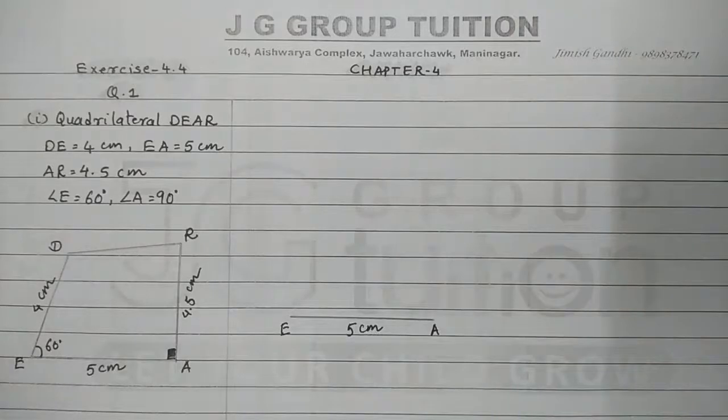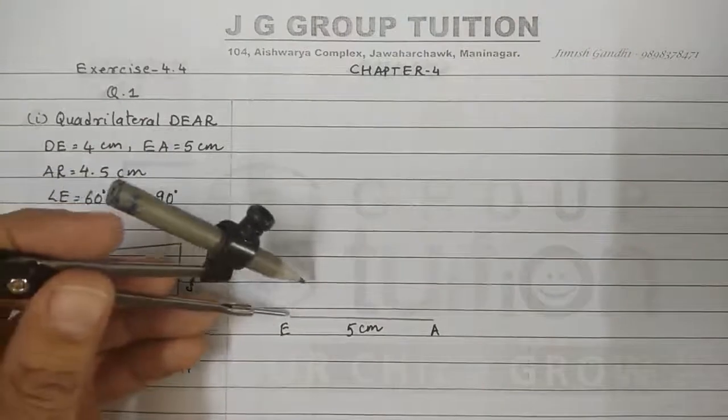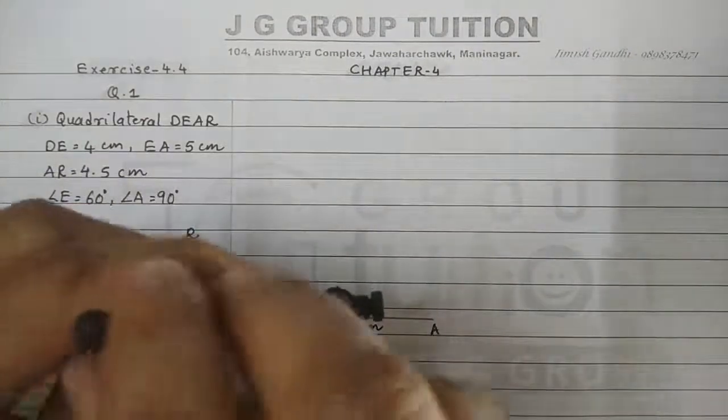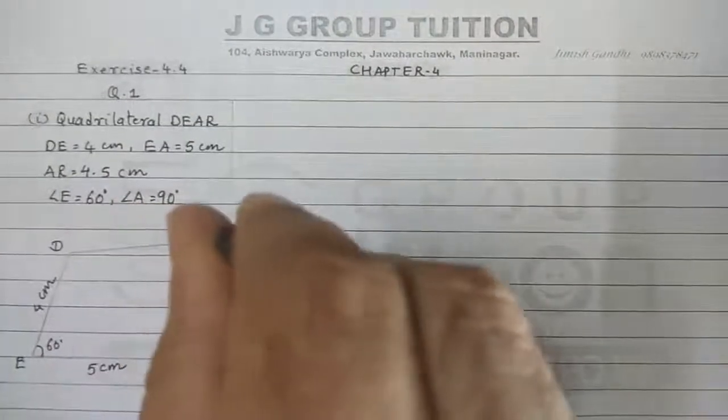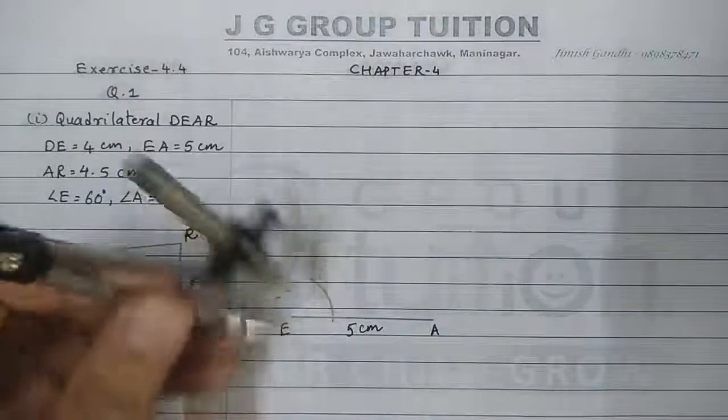As the angles are given, 60 and 90, both can be done with the help of the rounder. So let's take the rounder. For 60, let's take any arbitrary radius over here. From point E, we should draw an arc. This is an arc of any arbitrary radius.